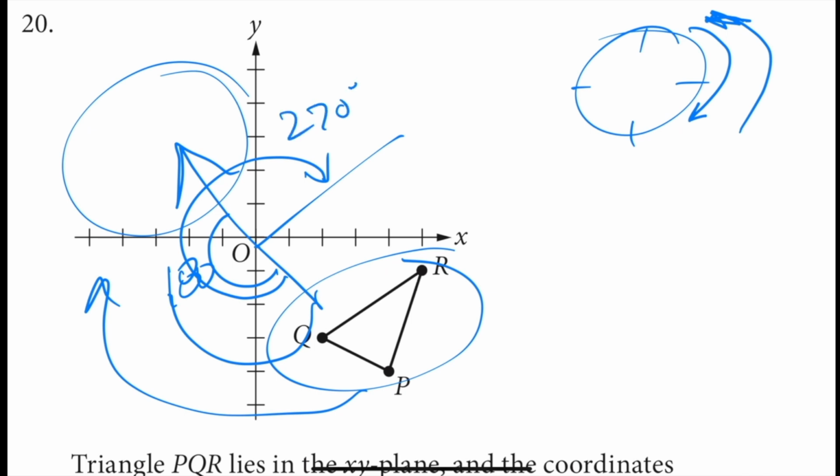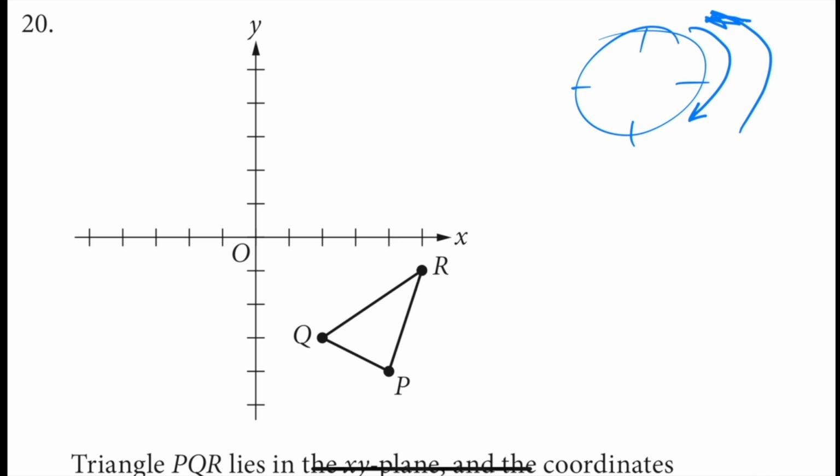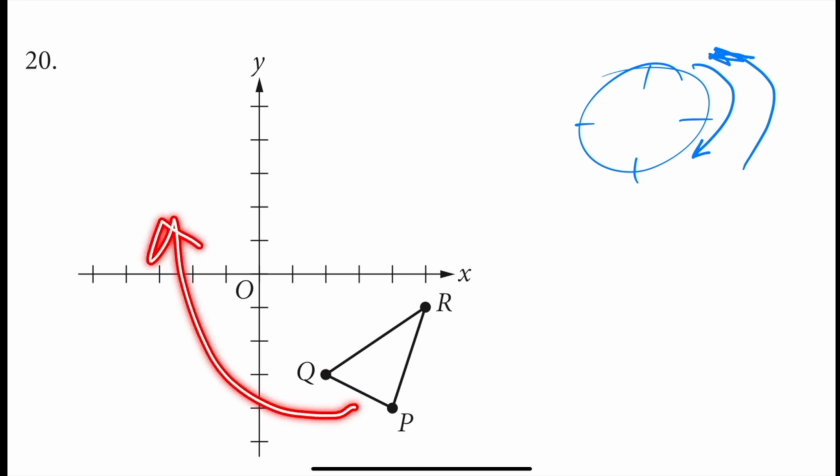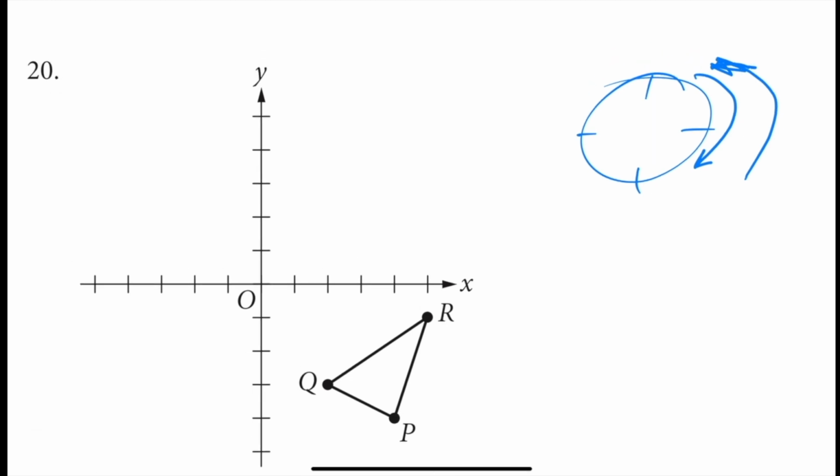All right, so what happens when any figure, in this case a triangle, gets rotated 180 degrees? It means my signs will change. So let's go with Q, because I think that's the question. Q is 2, -3. If it gets rotated here, the signs will change.